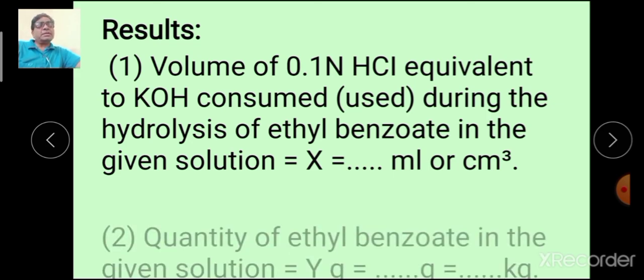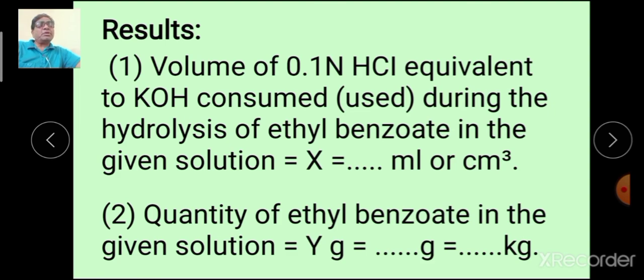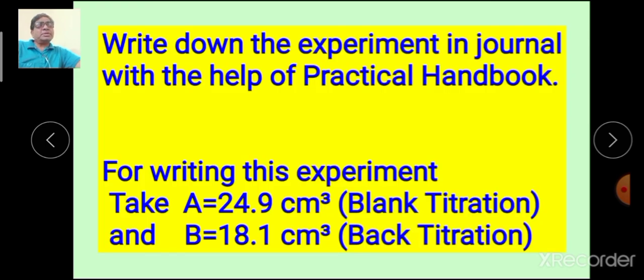And the second result is the quantity of ester ethyl benzoate in the given solution, that is equal to y gram, that is equal to dash gram, that is equal to dash kilograms. Okay. Now students, write down this experiment in the journal with the help of the practical handbook and this video.